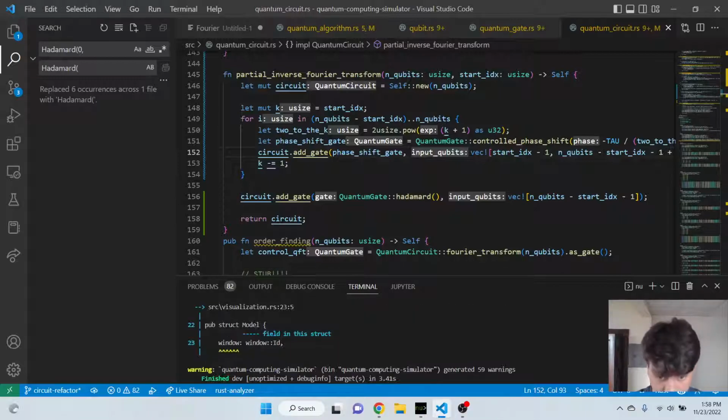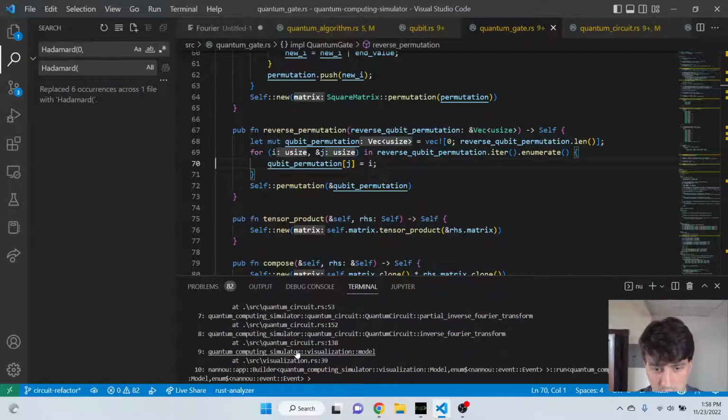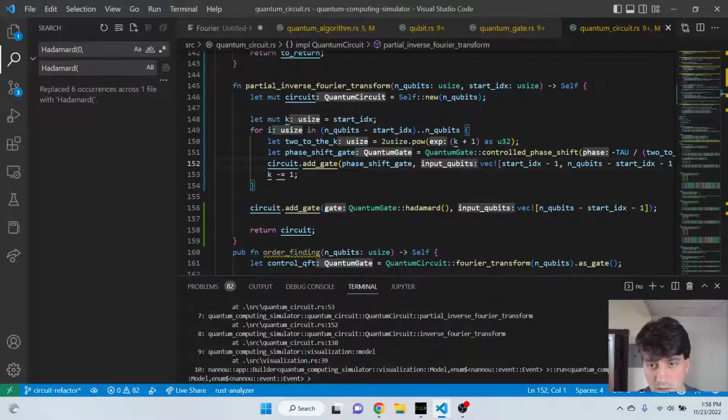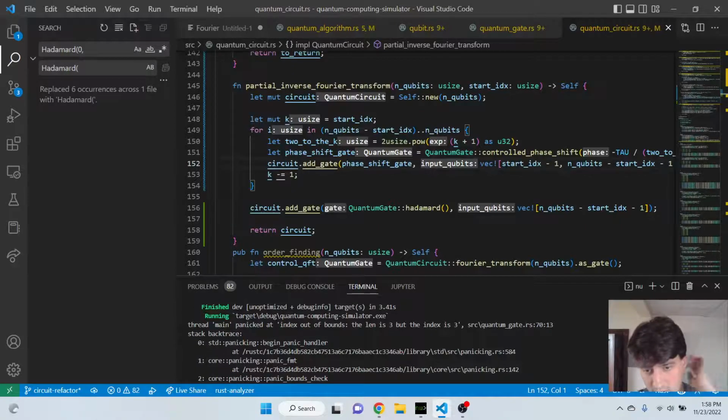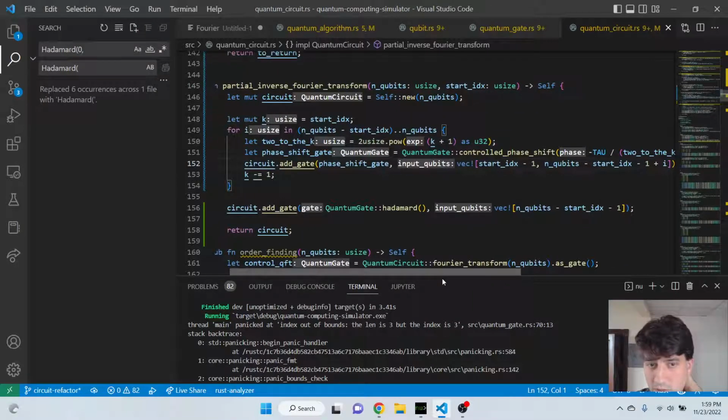Still no. Oh, but it's failing on not being able to do reverse permutation. Partial inverse Fourier transform. Oh no, it doesn't. Yeah, it doesn't like this. And it doesn't like this because I got it all the way up to 3.